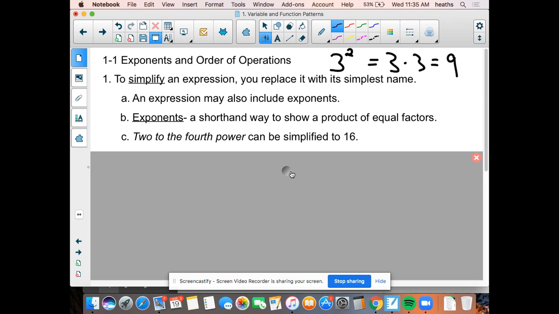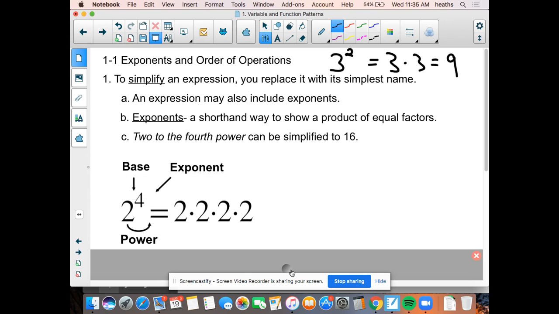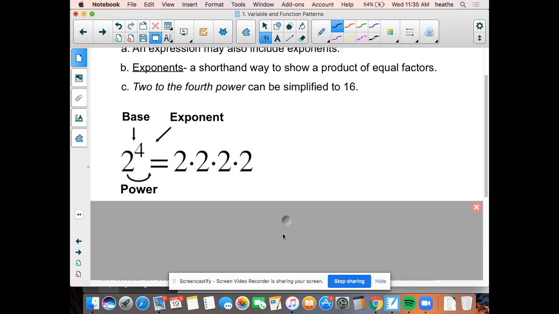Another example: 2 to the 4th power can be simplified to 16.